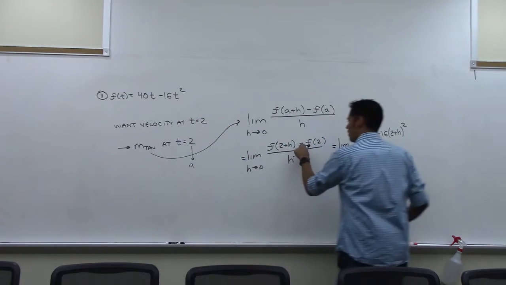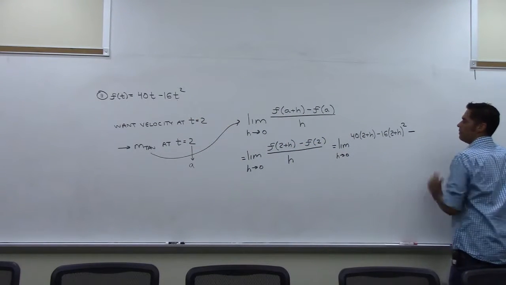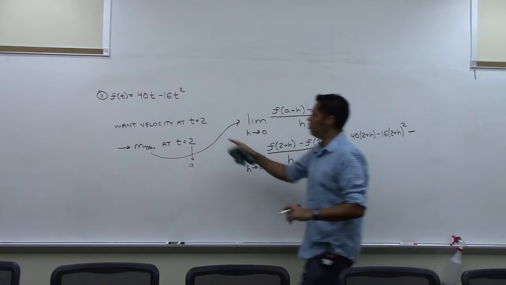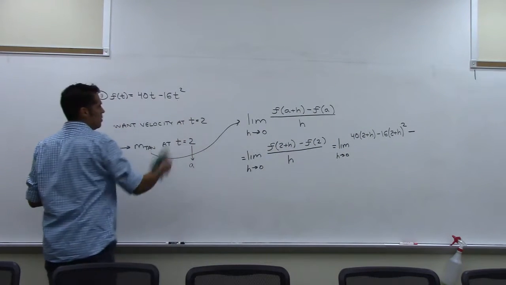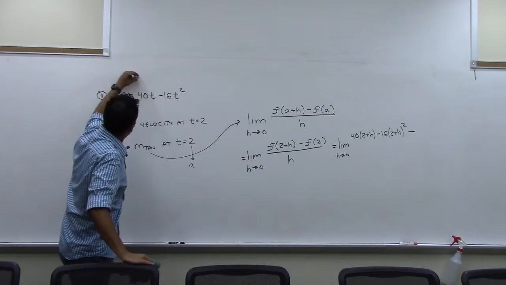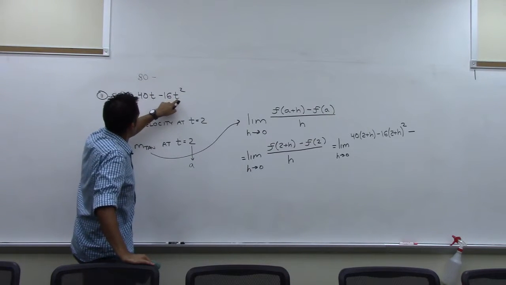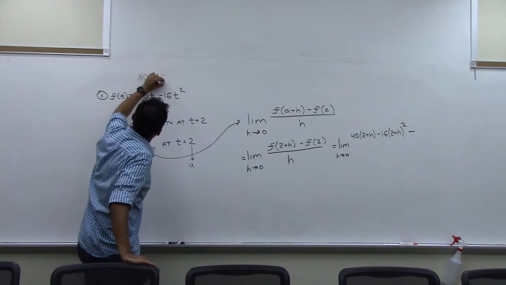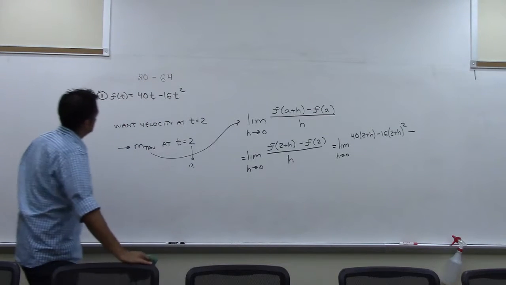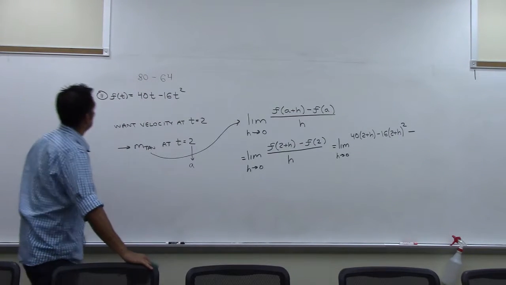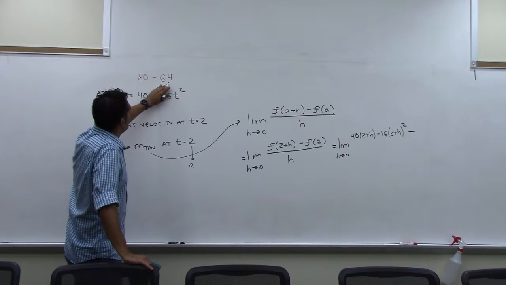Now I subtract from that f of 2. So let me plug 2 in here, all right, and see what we get. I'm just going to write it up here. 40 times 2 is 80, minus 2 squared is 4. 16 times 4, 64. And then when you subtract these two, you get 16.